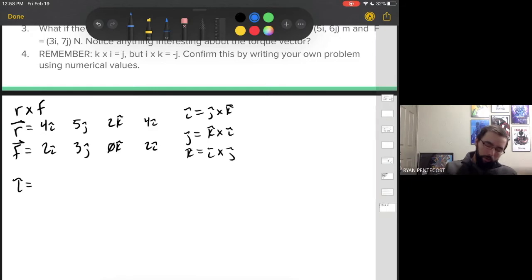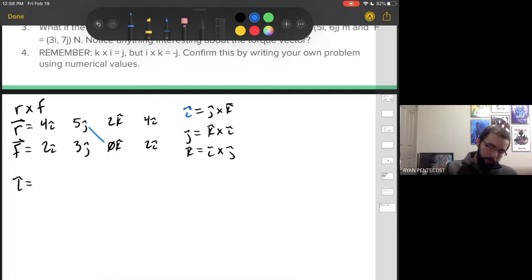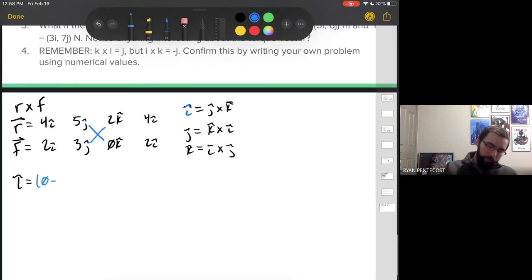I am going to color code these. So our i is j crossed with k. So you do 5 times 0 minus 3 times 2, which is minus 6, and that is your i component.